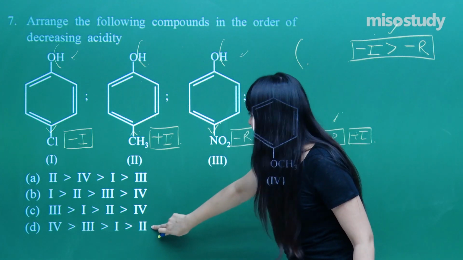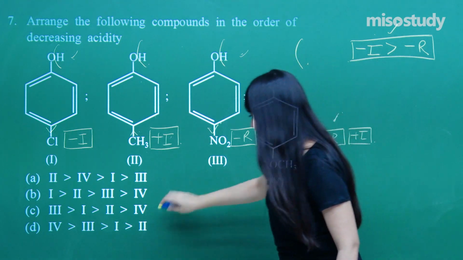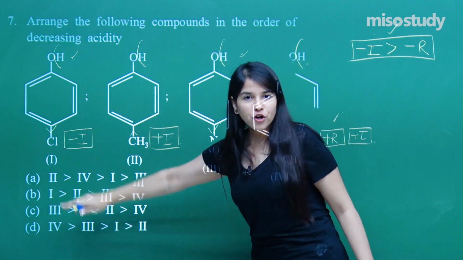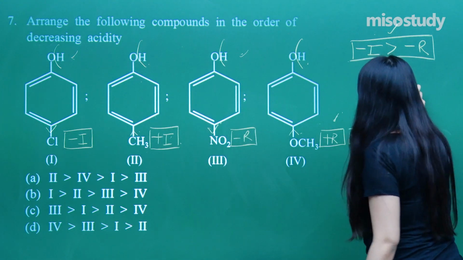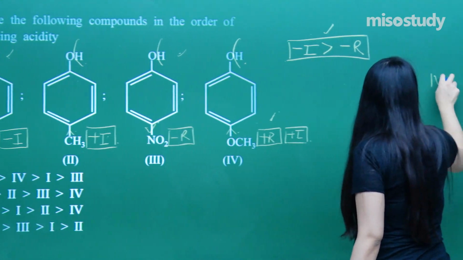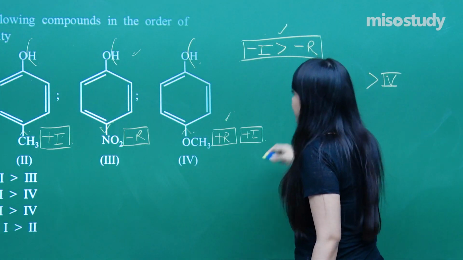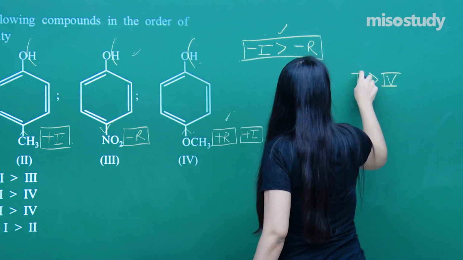So second is the least, then followed by, okay, now I have got the answer, just need not go on to the options here. Friends, the answer would be the fourth one as the least, and followed by the second one, which is again showing the plus I effect.